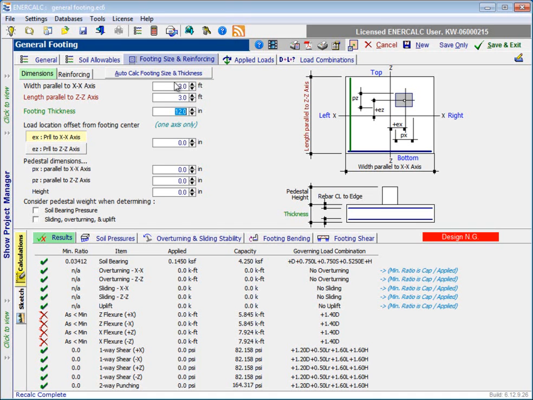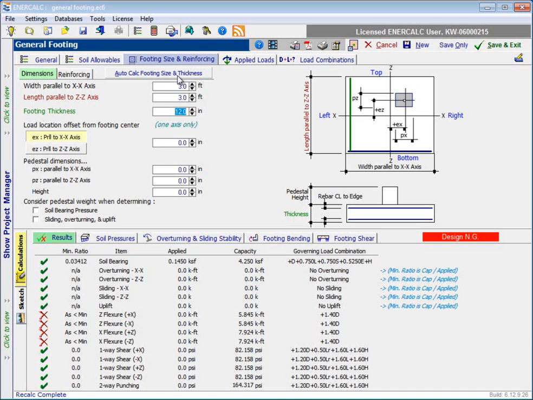Now, while we're talking about dimensions, I'd also like to point out that there's a button here, Auto Calculate Footing Size and Thickness. If we go the rest of the way through the tabs and apply loads and define load combinations, then we might want to come back to this button and give it a click and see that the program has the ability to optimize the footing plan dimensions and to some extent the footing thickness for us, which will be a big time saver in terms of trying to get to a correct size.